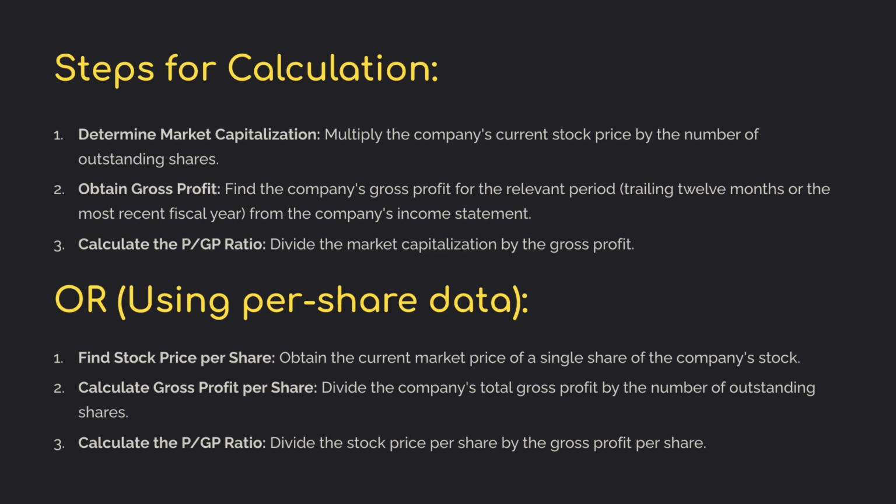Or, using per share data, find stock price per share: obtain the current market price of a single share of the company's stock. Calculate gross profit per share: divide the company's total gross profit by the number of outstanding shares. Calculate the PGP ratio: divide the stock price per share by the gross profit per share.